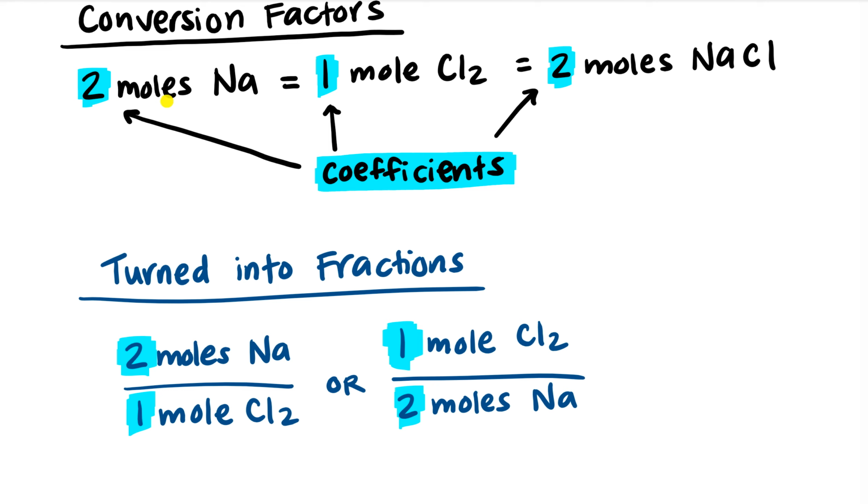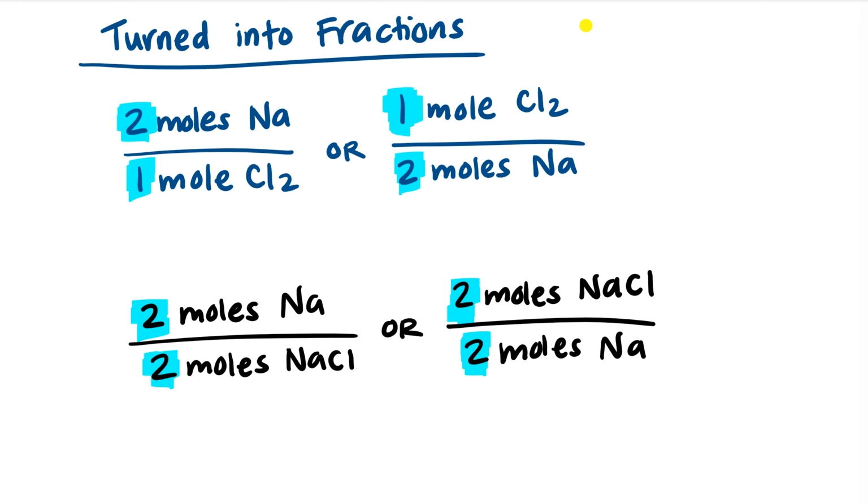It's saying 2 moles of sodium, and then we'll just jump over here to 2 moles of sodium chloride. So they are equal to one another, and that's why I'm writing the fractions like this. Our 2 moles of sodium over 2 moles of sodium chloride, or flip it around and put 2 moles of sodium chloride over the 2 moles of sodium.